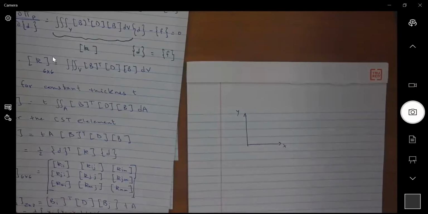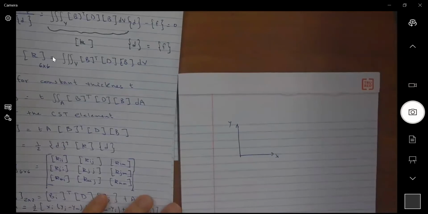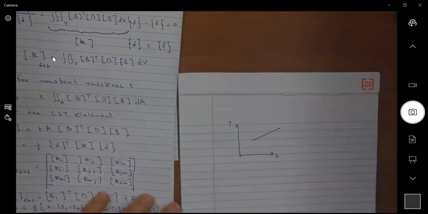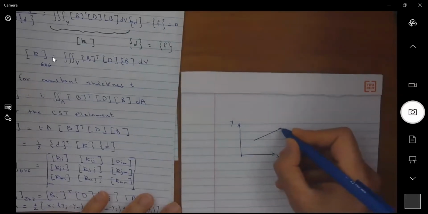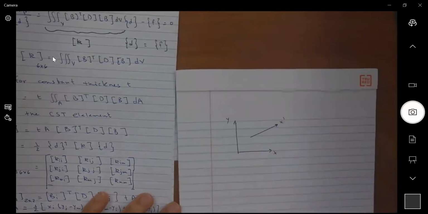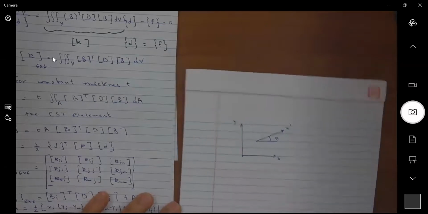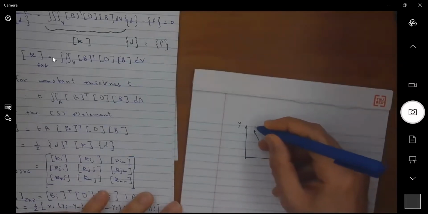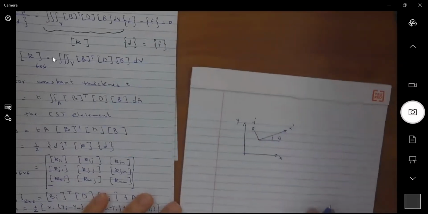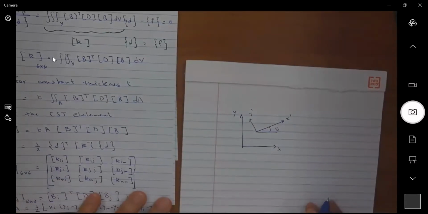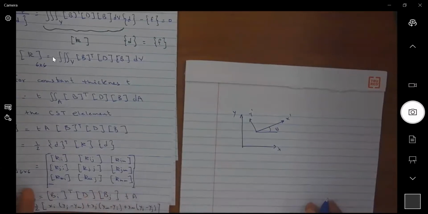Should there be any reason that your element ordinates are expressed with respect to some other direction or local ordinates, x prime, that makes an angle theta with the x, and of course a y prime perpendicular to it, so y prime also makes the same angle theta with y, then we are going to need a transformation matrix.